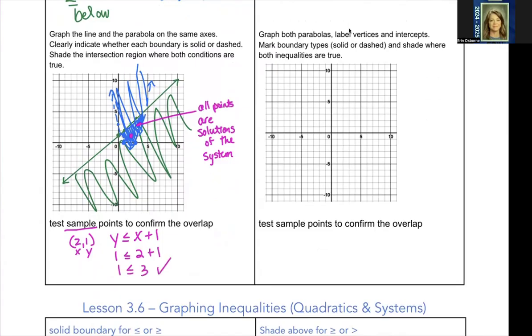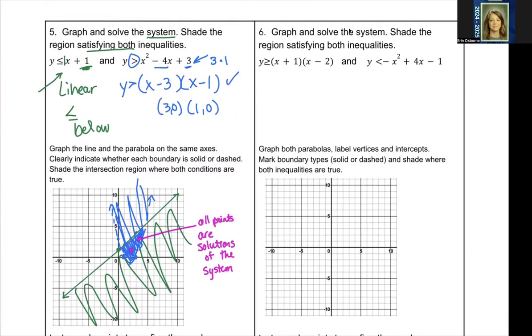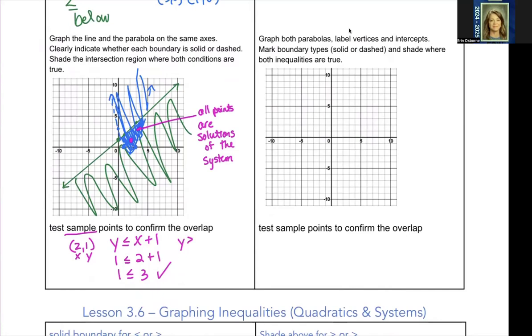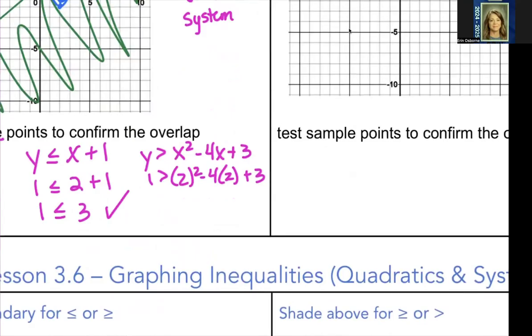It's true. When you check your parabola, I'm recopying the function down here, y greater than x squared minus 4x plus 3. This time plug in your 1 for y here, your 2 for x. Do a little bit of order of operations on that. And then we'll clean it up and see if 1 is greater than the number we get.